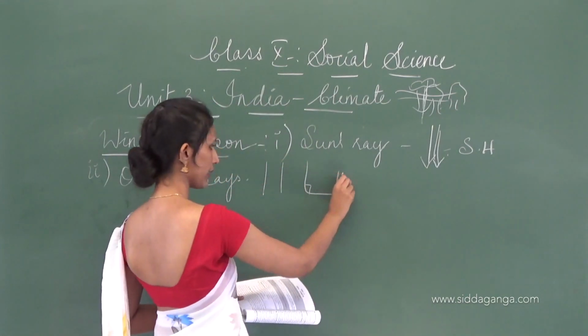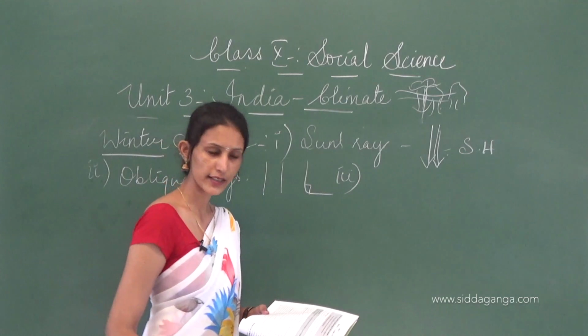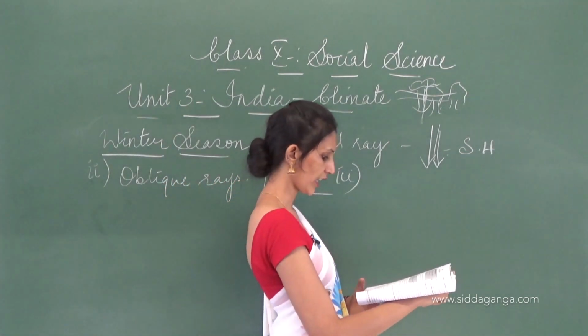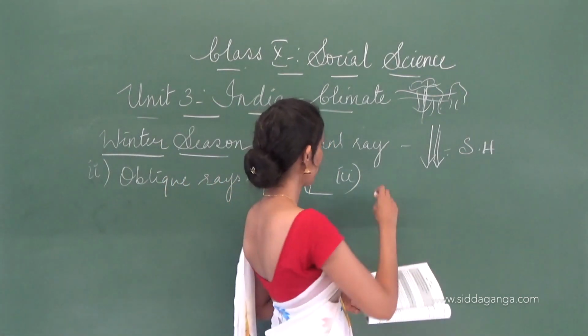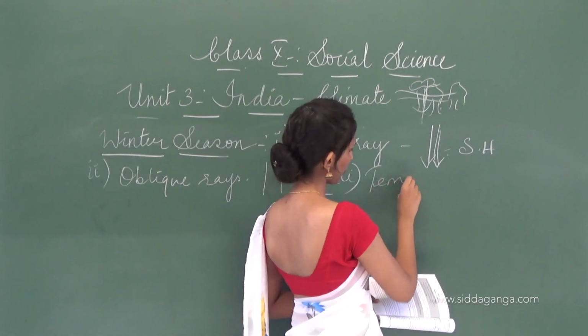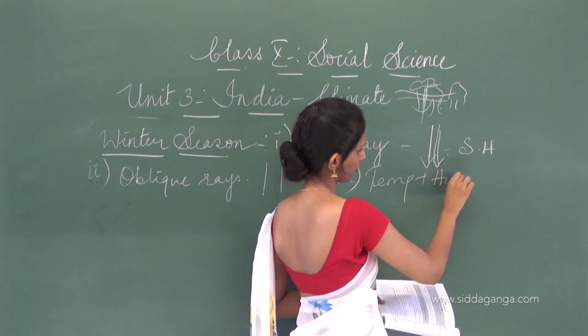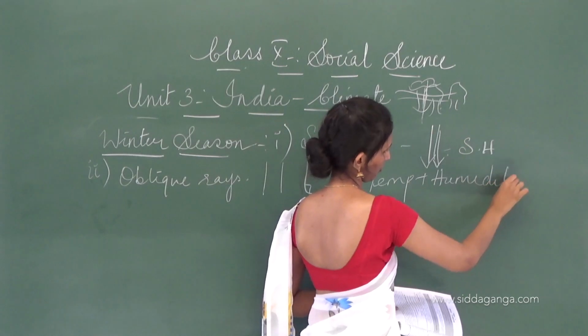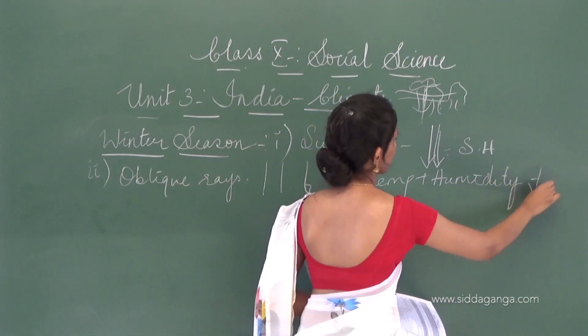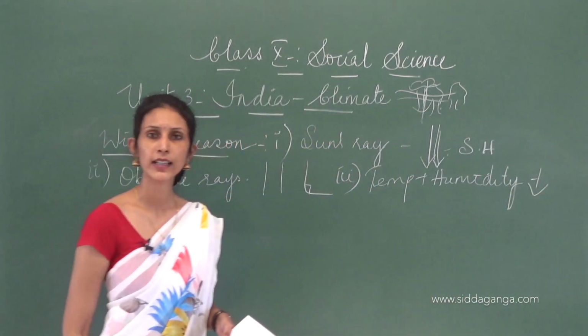Because of these oblique rays that we get, the temperature and humidity are low, and the sky is very clear.